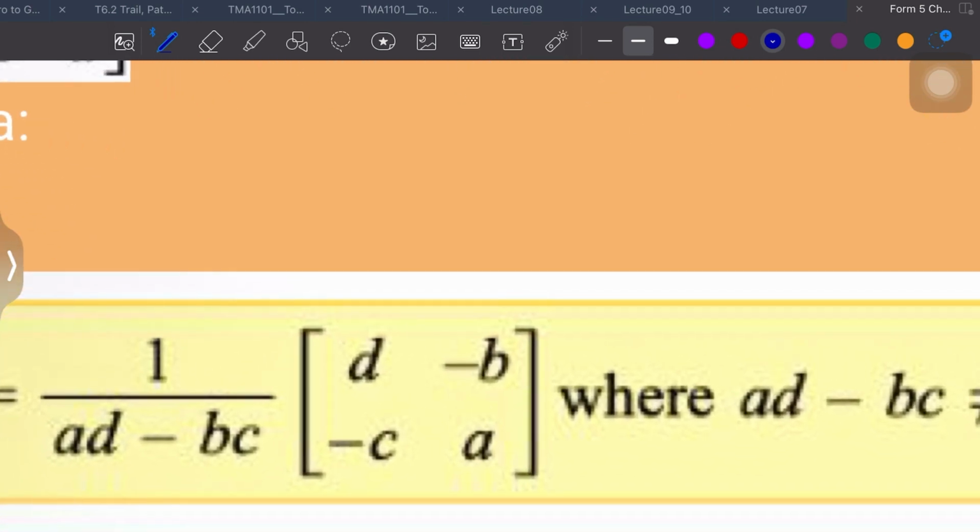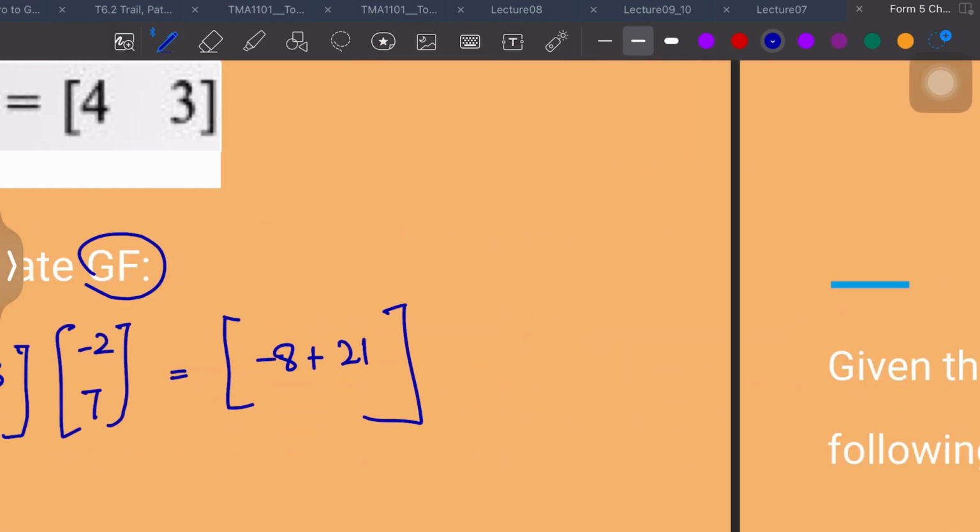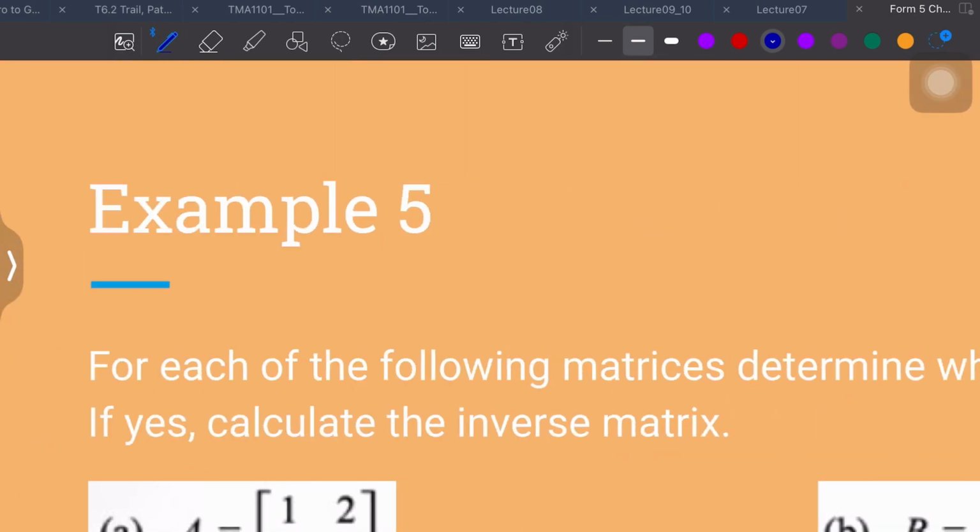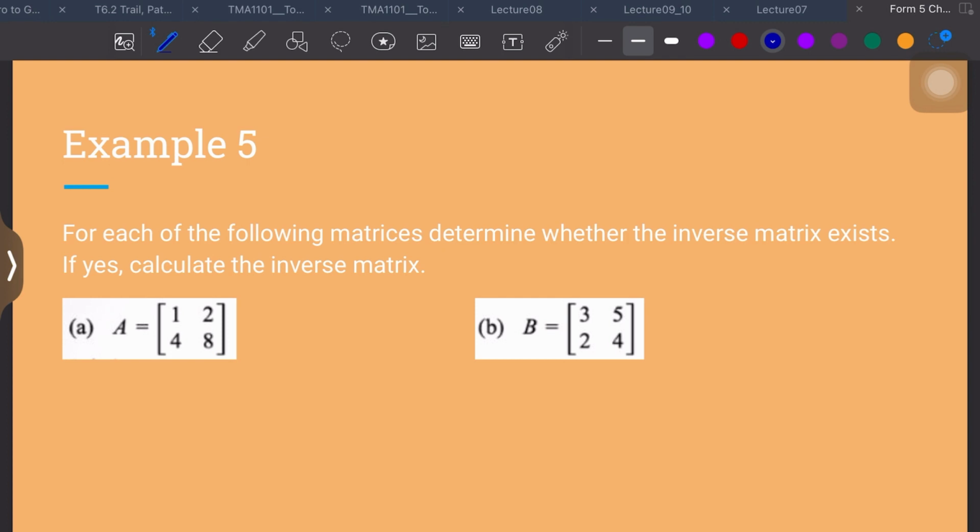As we can see, B and C don't change position, but their values must be negative, while A and D must change position. So for each of the following matrices, determine whether the inverse matrix exists. If yes, calculate the inverse matrix.